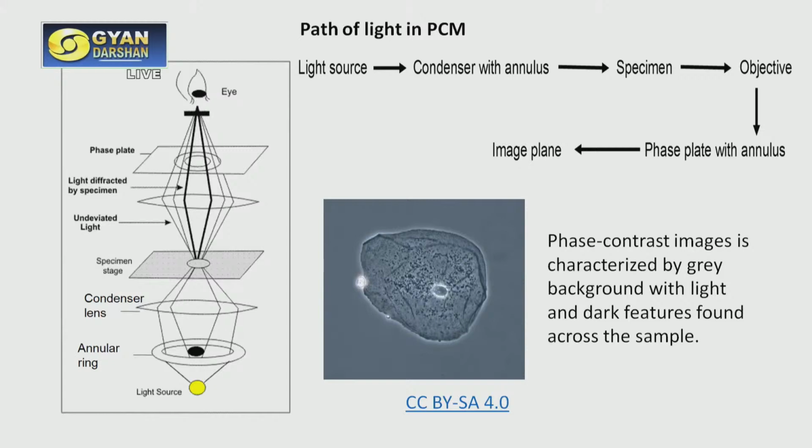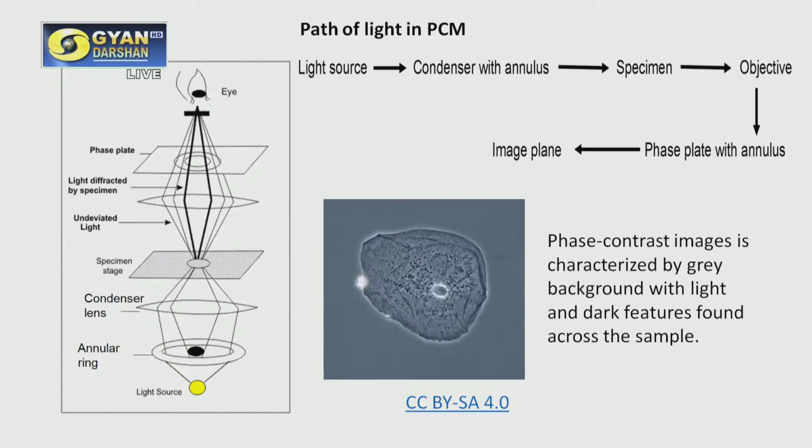Different densities of the specimen interact with the light, and the light intensity and velocity change. So there is a phase shift that is captured by the phase contrast microscope, because, as its name says, the phase changes and it produces the contrast image under the microscope.